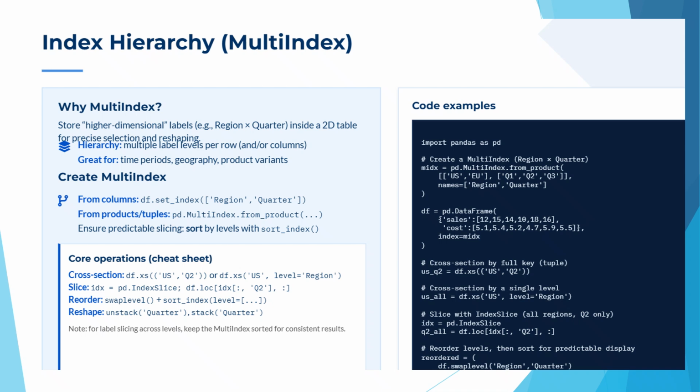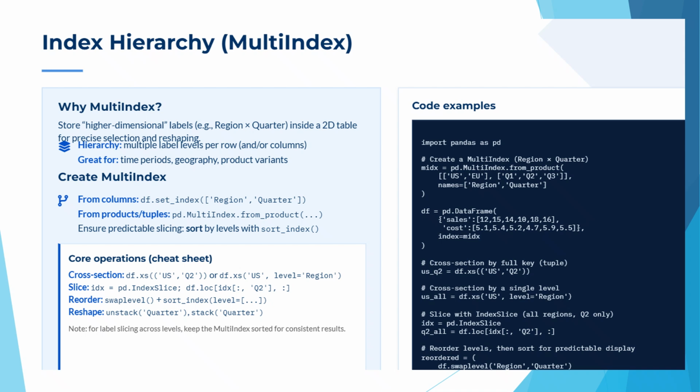This is useful when defining a structured grid of data. To ensure consistent and predictable slicing operations, it is also important to sort the multi-index using sort_index, as many hierarchical operations depend on sorted levels. Proper creation and organization of a multi-index makes it easier to navigate and manipulate complex data sets.